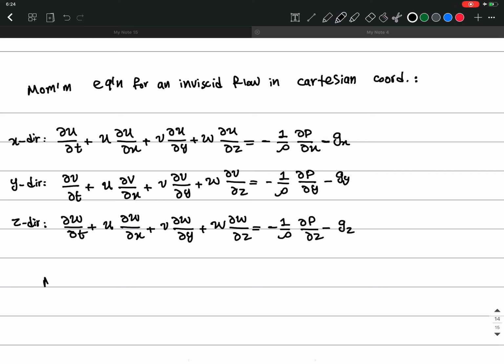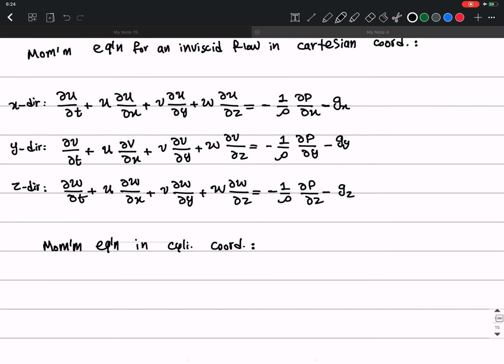And now let's see the momentum equation in cylindrical coordinate system. Okay.